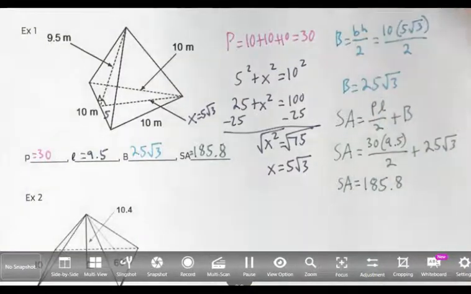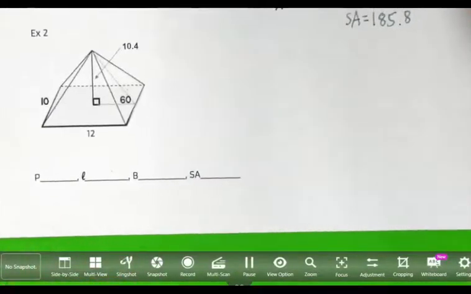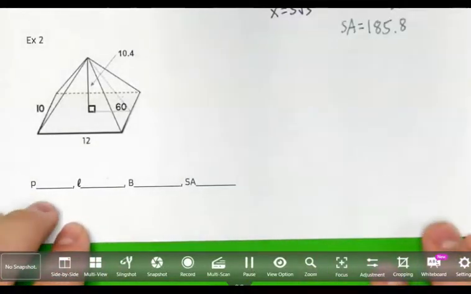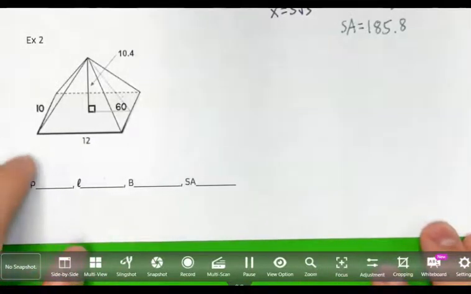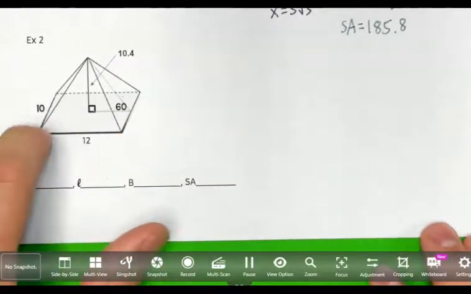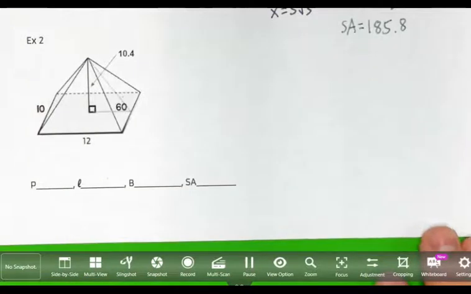Now let's go ahead and look at example 2. This one is not as simple as some of the other ones because the base is not regular. It is a rectangle. So this 12, you can see, is longer than this 10. And that means that we are going to have to do things a little differently.